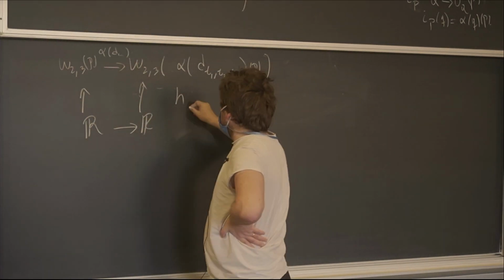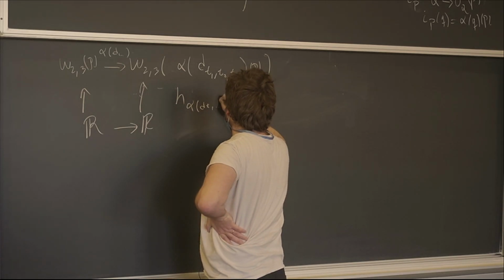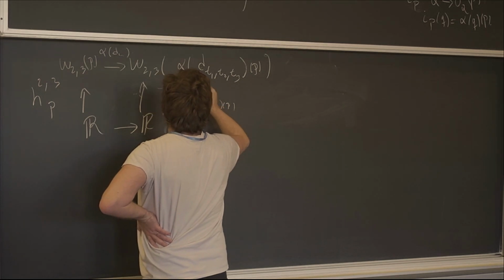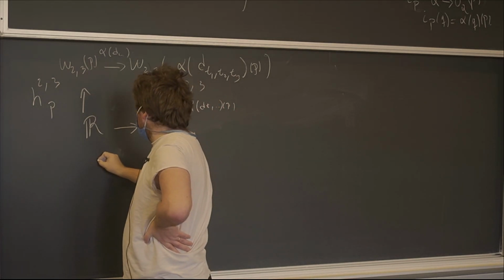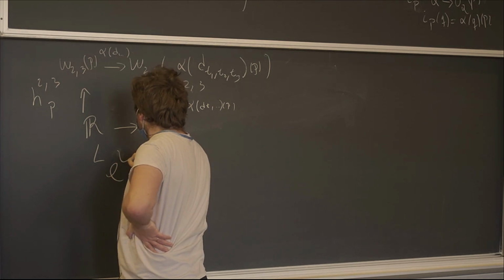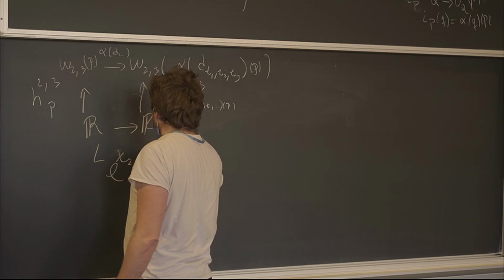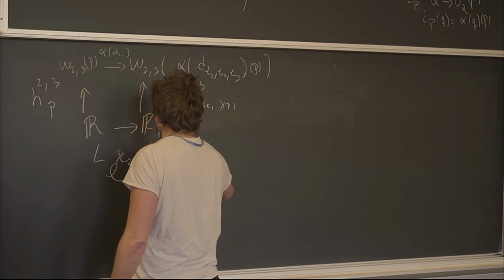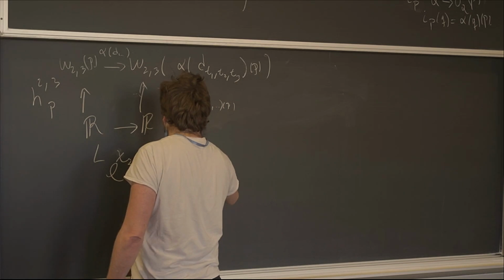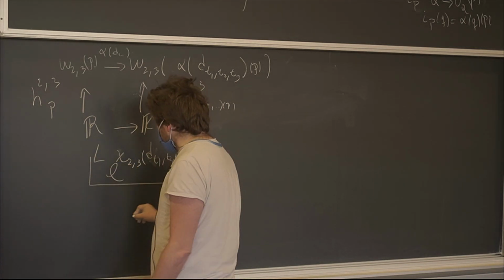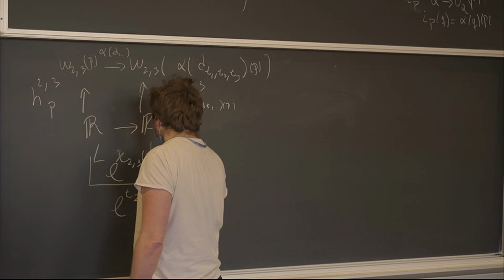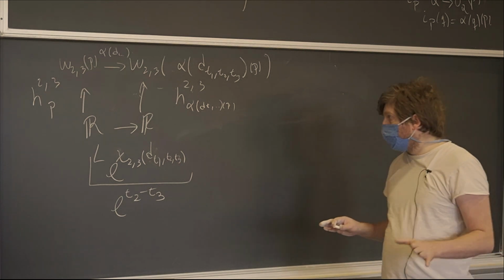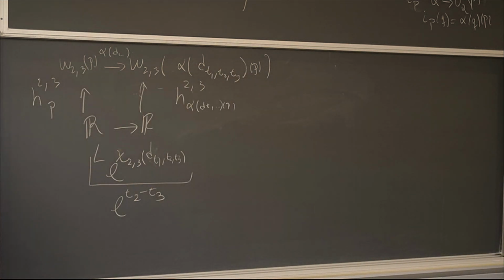Here I have my parameterization on alpha D, T1, T2, T3 of P. Here I have parameterization of P. And down here, what I have is multiplication by e to the chi23 of D, T1, T2, T3. And this multiplication is nothing but e to the T2 minus T3. Okay, and this is all just making the computation.